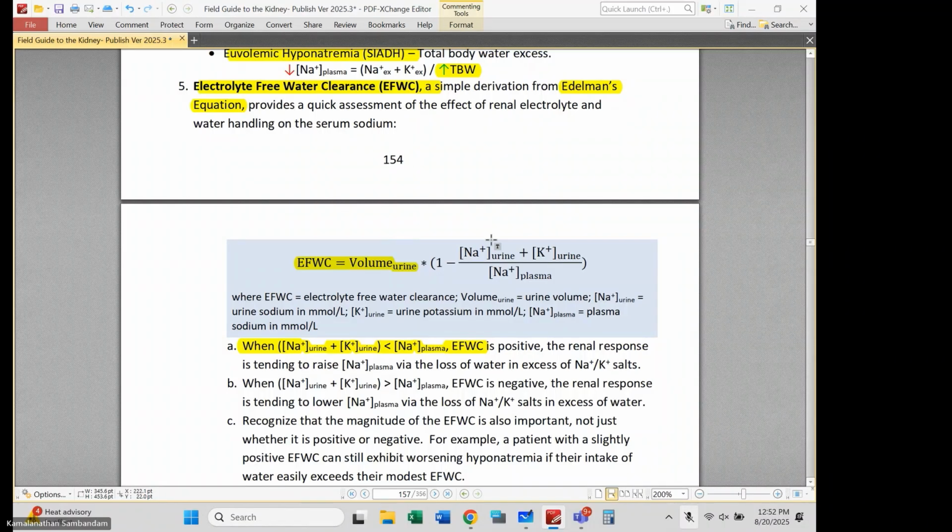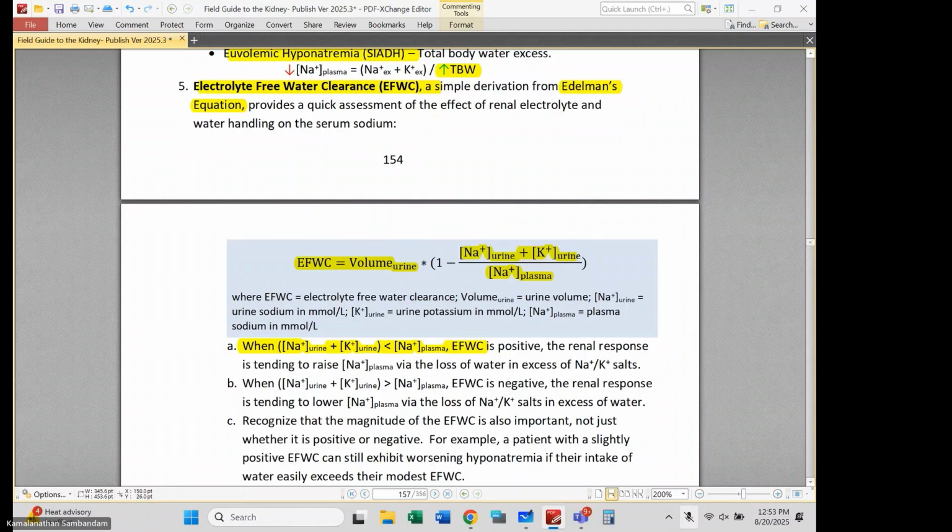Okay, we often even simplify it even more and become further from the truth. We often say, well, if my sodium in my urine and potassium in my urine, if I add those together, and that is a number that's smaller than my plasma sodium, this fraction will be less than 1. If I subtract a fraction less than 1 from 1, this will be a positive number.